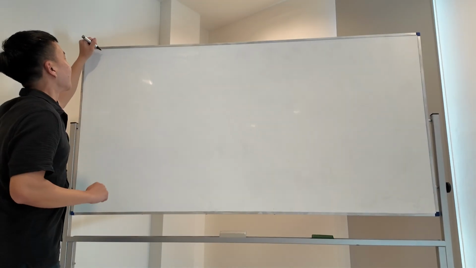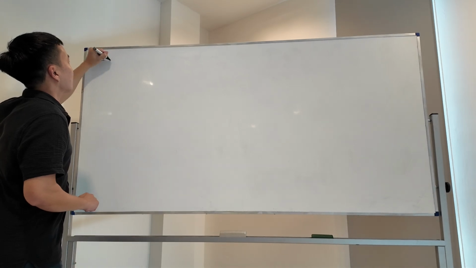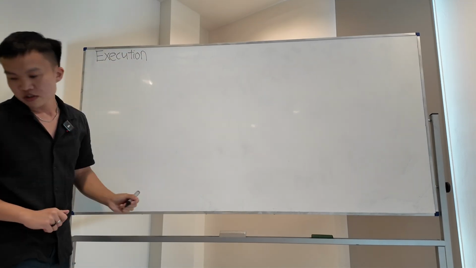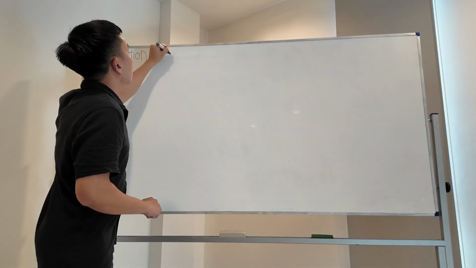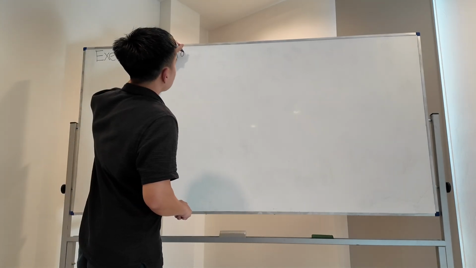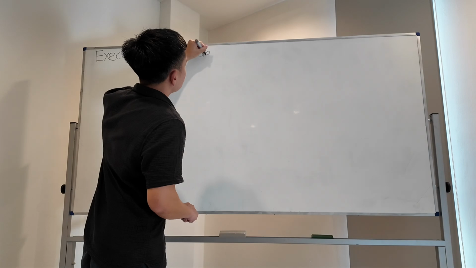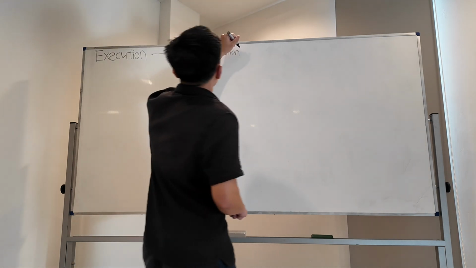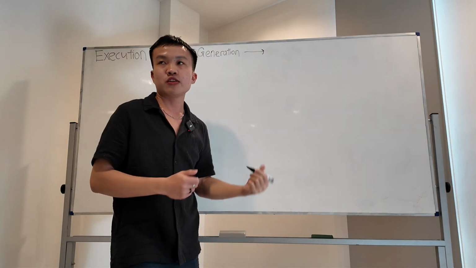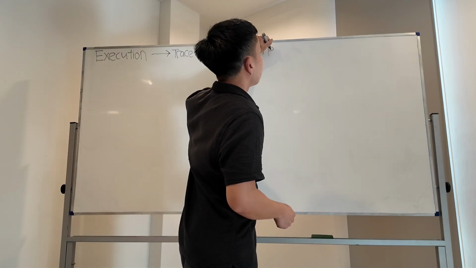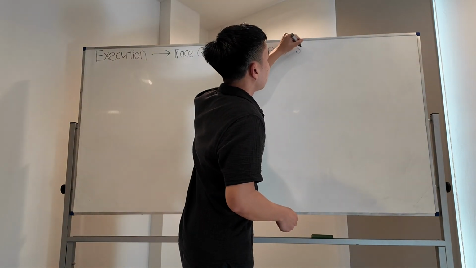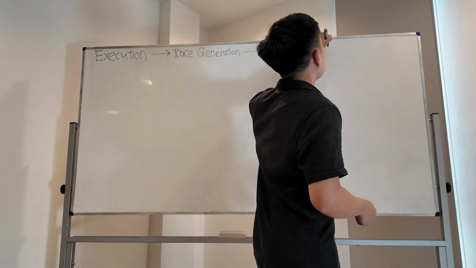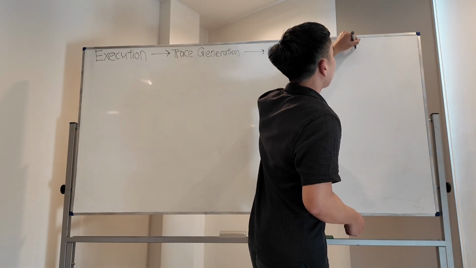There is execution, and then there's trace generation, which feeds itself into the proof system, and that produces a proof, let's say pi.